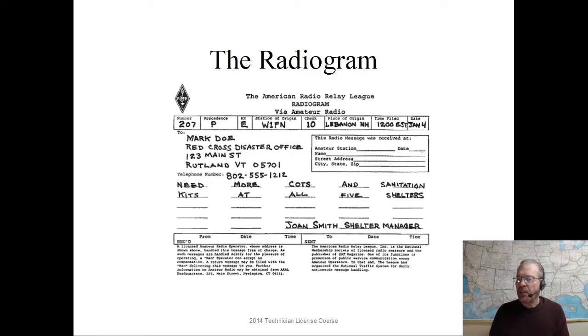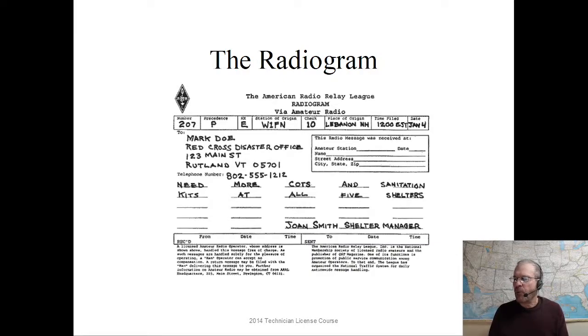It has a precedence which is kind of like the importance of this particular one. The other thing that's important, the station of origin, W1FN, there in that top line. The check, what that means is that there are 10 words in the message, not counting the signature.